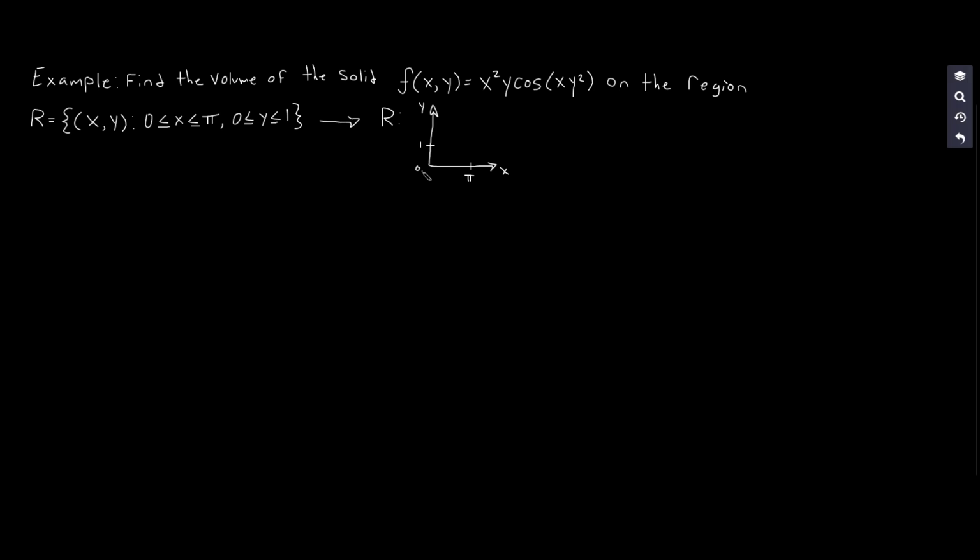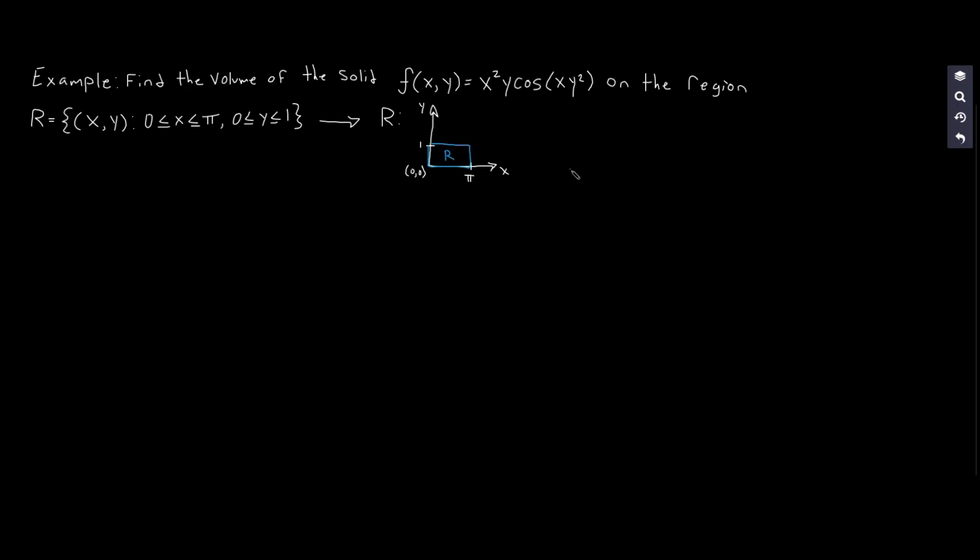This is the origin. And so x is between 0 and pi, y is between 0 and 1. Then the region that we're looking at is right here.